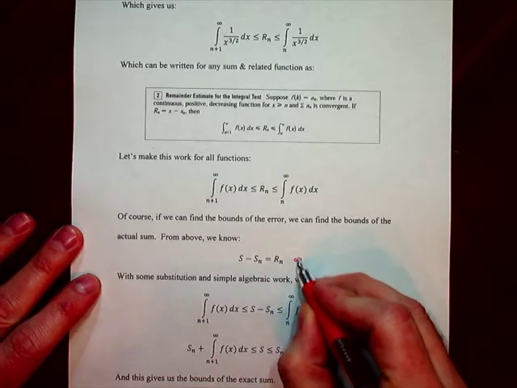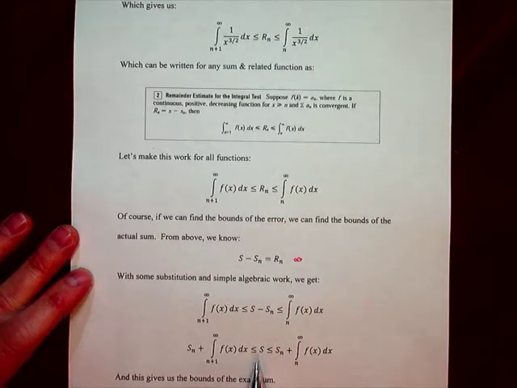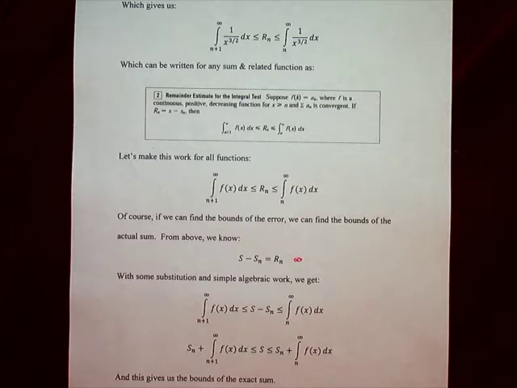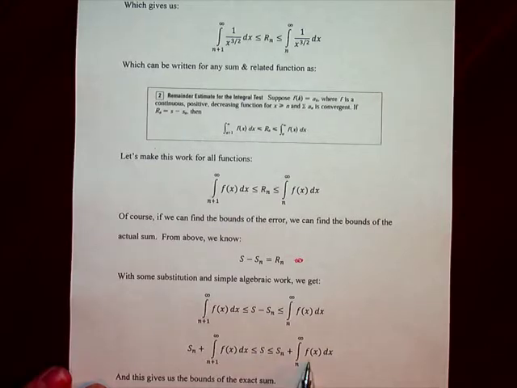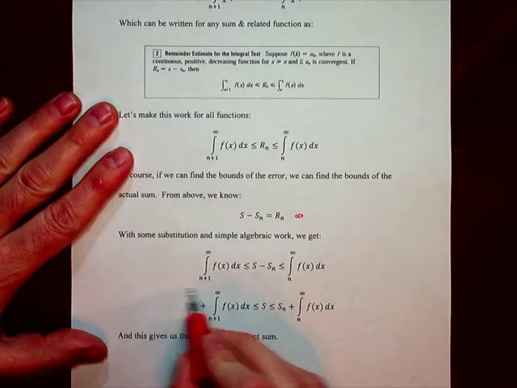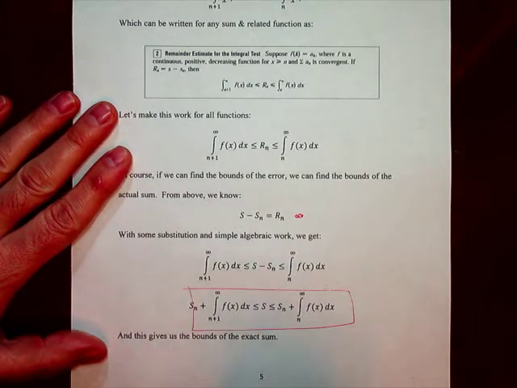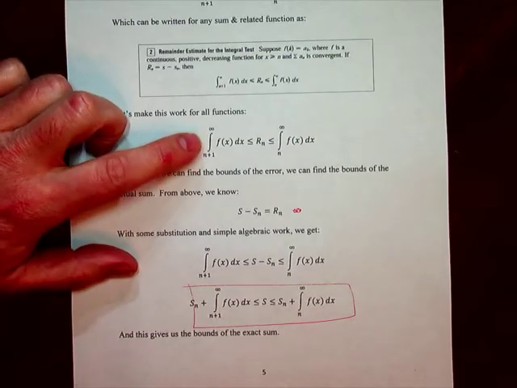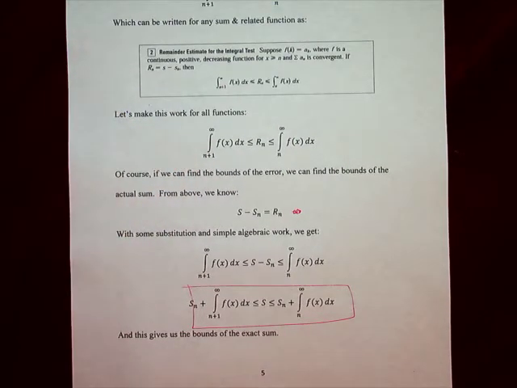And because I know what the error is sandwiched between, I can figure out what the actual sum is sandwiched between just by adding S sub n to all three pieces of that original inequality, okay? That is what I was actually trying to get at yesterday in class.